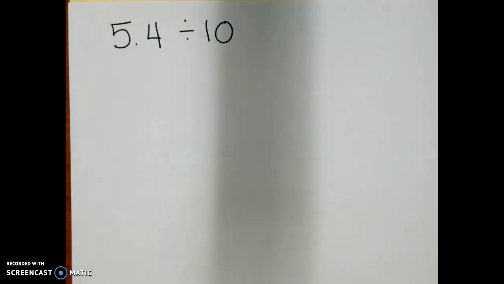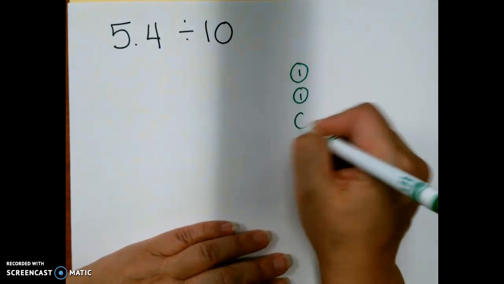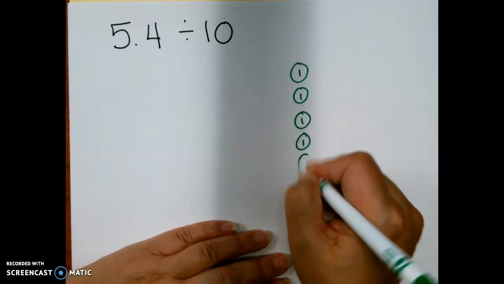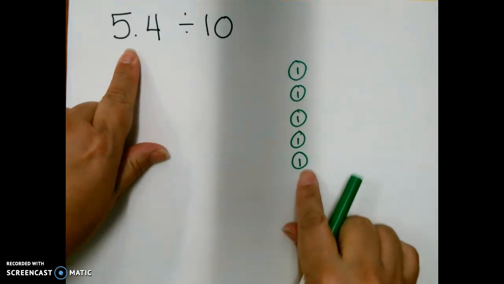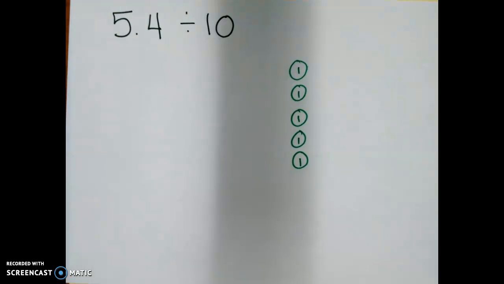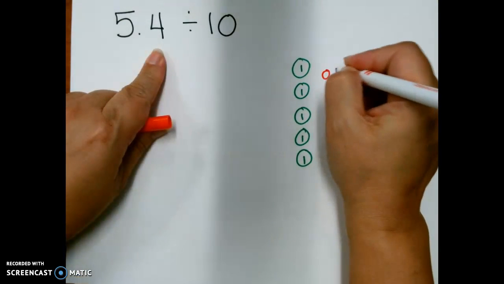Now we're getting to the fun stuff. Here's where we finally have a decimal number that we're going to divide. So, again, I'm going to draw my place value discs. I have 1, 2, 3, 4, 5 ones. That's for my 5. Those two match up. And then I have 4 tenths.